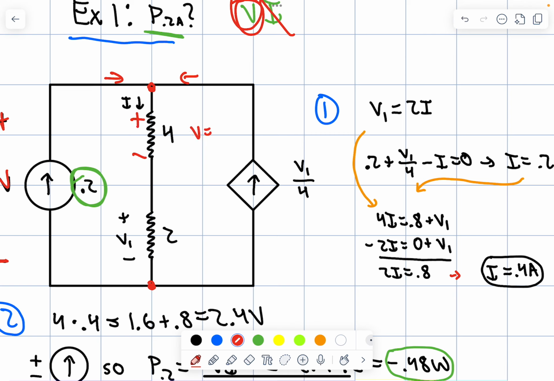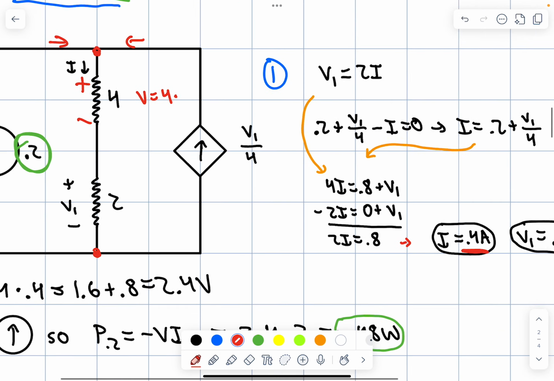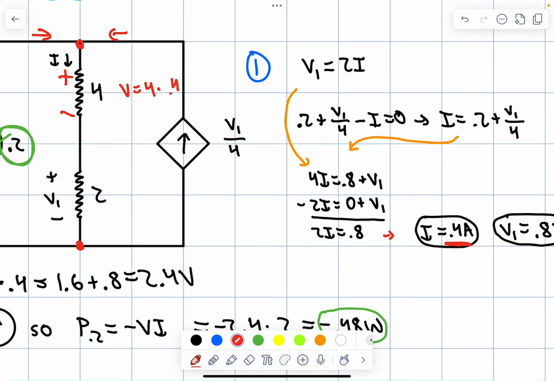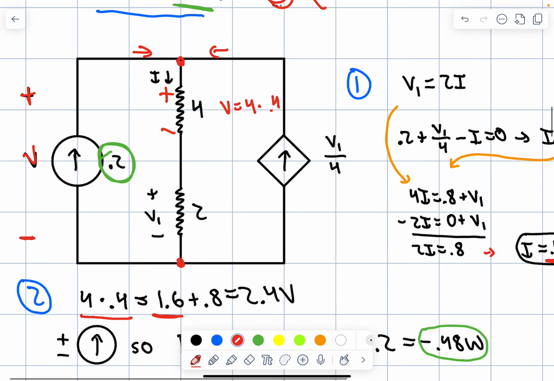It's V equals 4 times I, and I is 0.4 amps. So 4 times 0.4, I wrote that down here, gives us 1.6 volts.